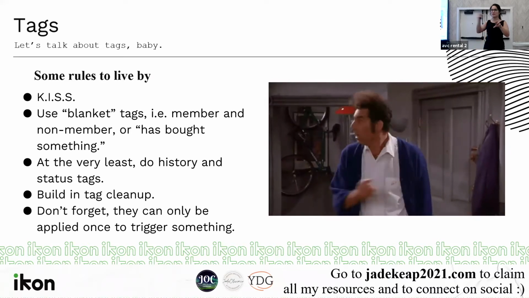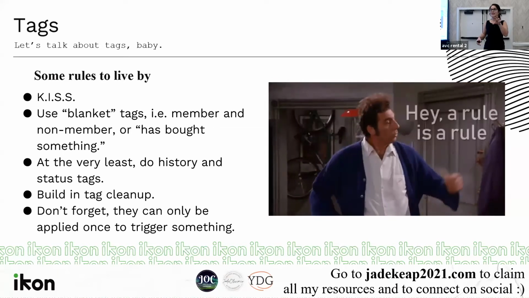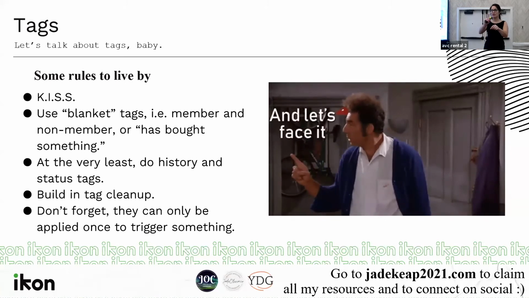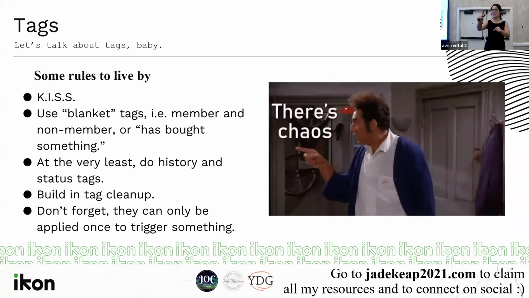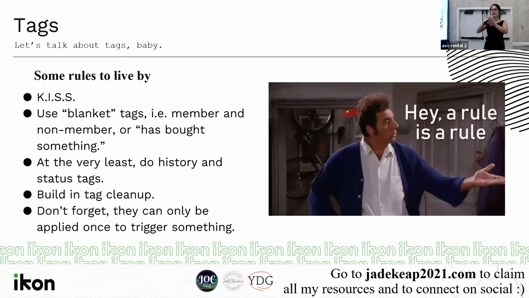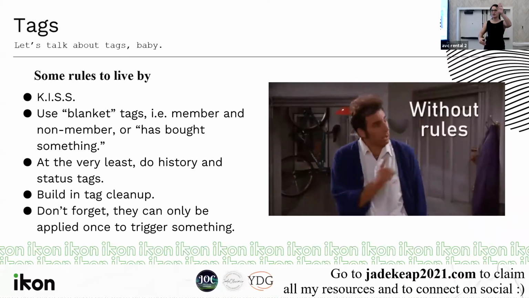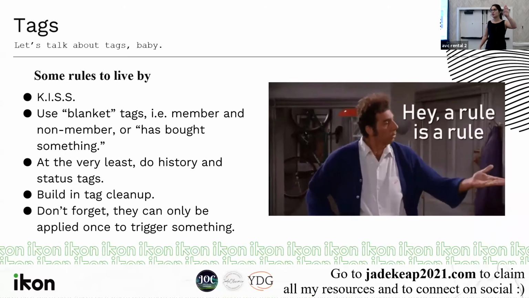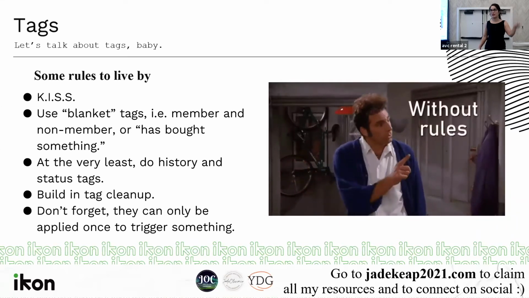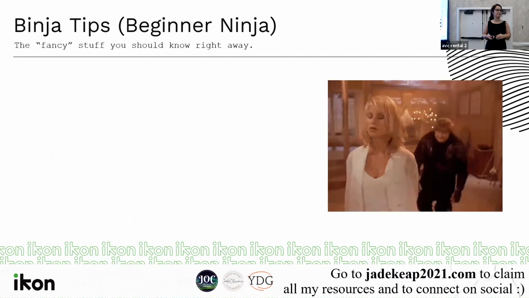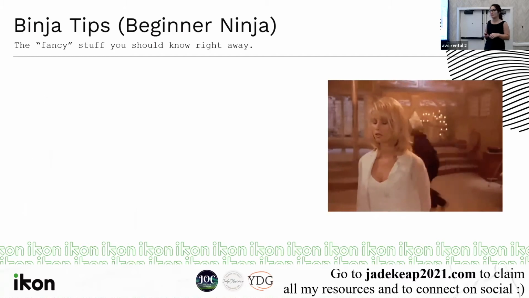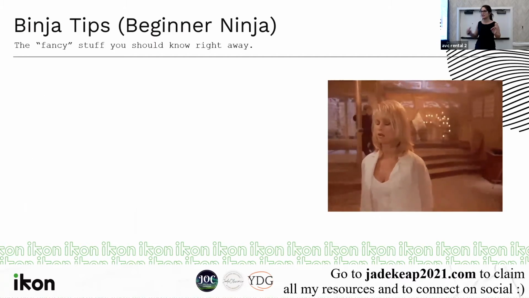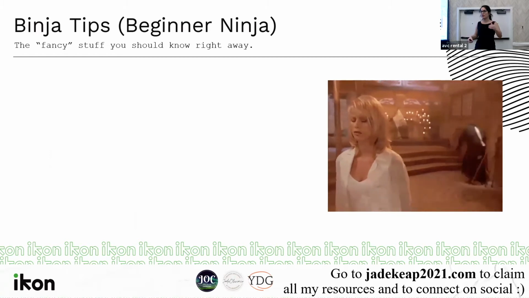So when it was time for them to go back in, the start tag didn't work, because when it's applied, that's what will trigger stuff. You can't apply it twice. If you try to apply the start tag and it's already there, it goes, okay, don't do anything. Super important, especially for repetitive processes. Clean up your tags.